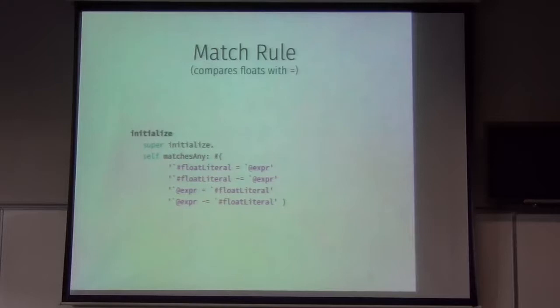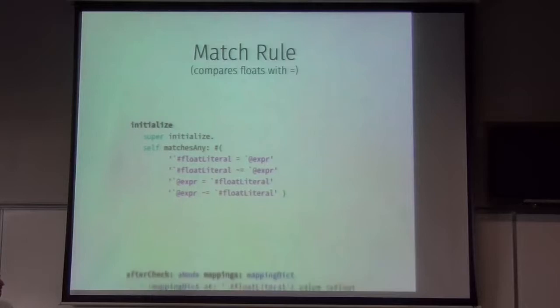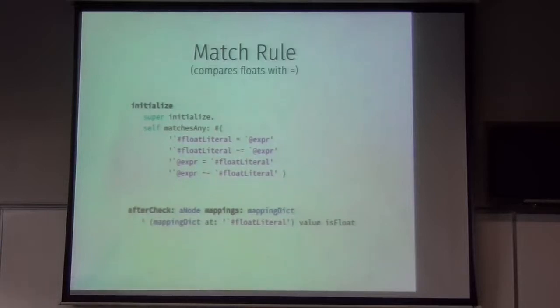Well, in the new version, you say, okay, float literal is equal to expression, or equal with another thing, and so on. But you also need to define what a float literal is, so you have another method, which is again a one-liner, just checking if the matched literal is a float. And I don't know if you noticed it here, but the final example is really fun.